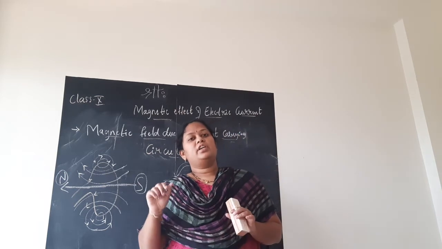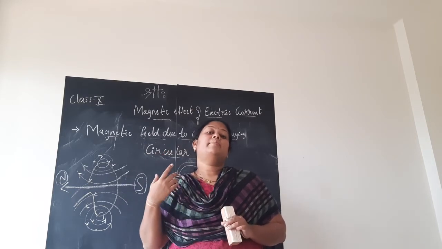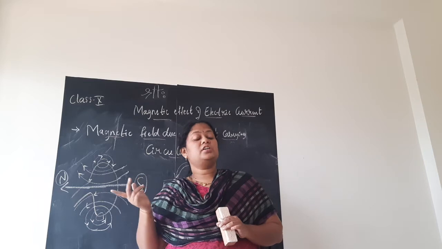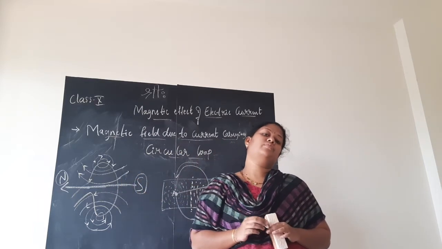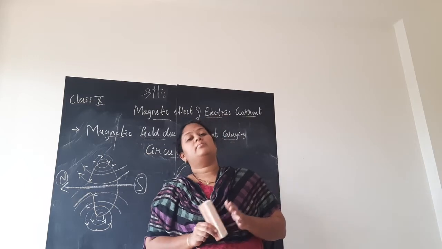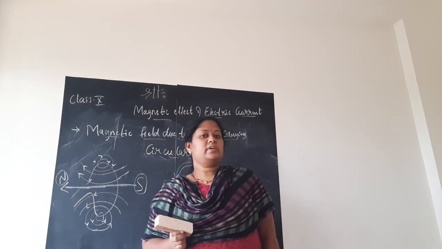And if you increase the current flowing through the wire, the magnetic field strength or the deflection in the magnetic compass also increases. If you decrease the current through the wire, then the deflection in the magnetic compass also reduces. All these concepts we understood.